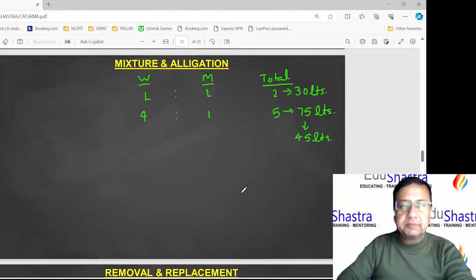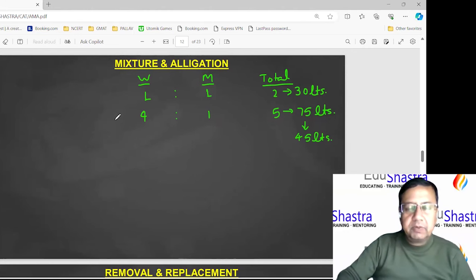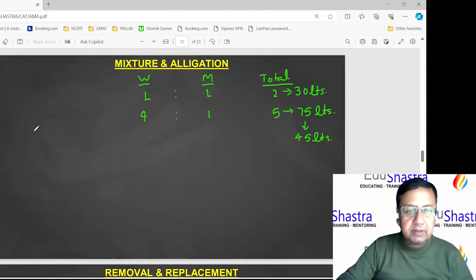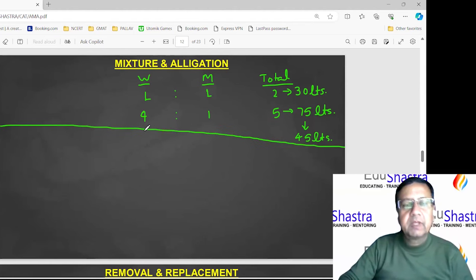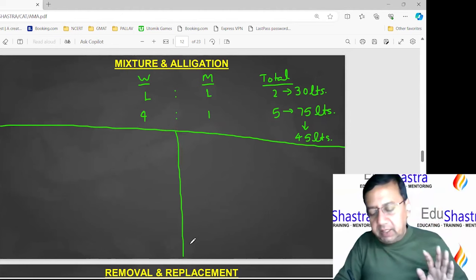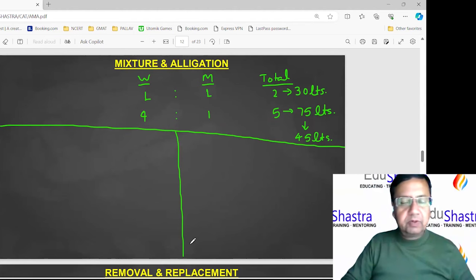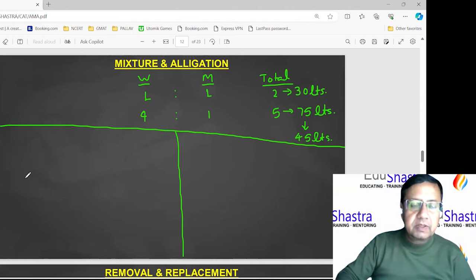Now, coming to the alligation, right? Now we are just coming to the alligation. See, in this you have 2 components, milk and water. So first I take milk as a base.